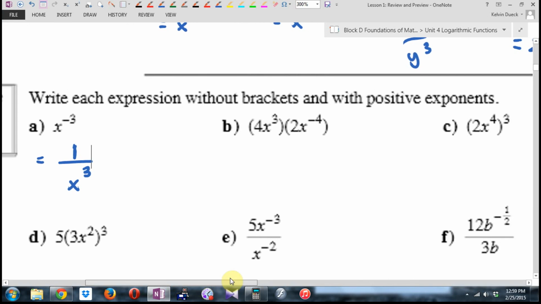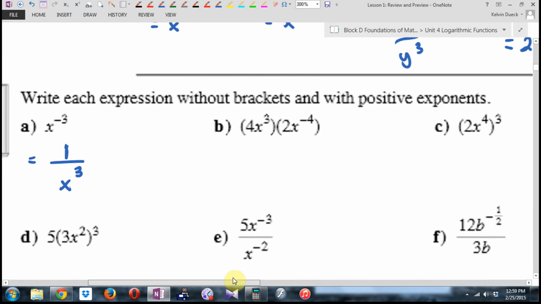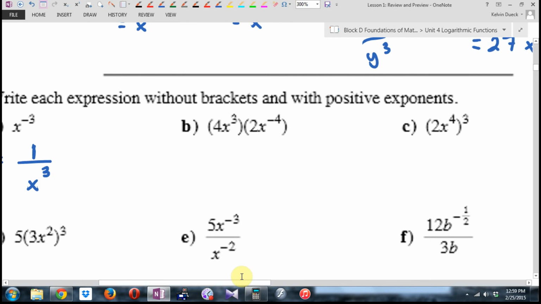B might look scary, but I'm going to tell you, you can do it in one line. You ready? First of all, in B, I see 2 terms, 2 brackets. Are there exponents outside any of the brackets? No? Then what I'm going to do is write each term one at a time, putting anything on the elevator as necessary. That first 4, is there a negative exponent on it? Well, then rewrite it.